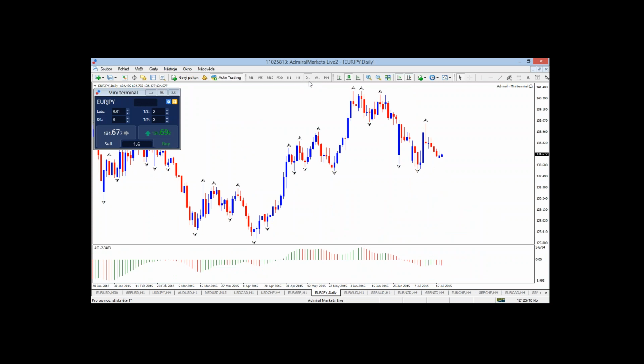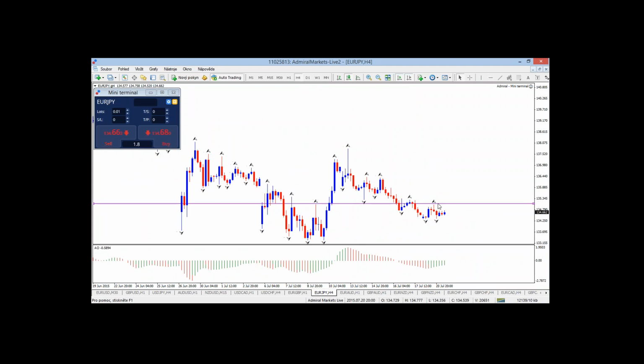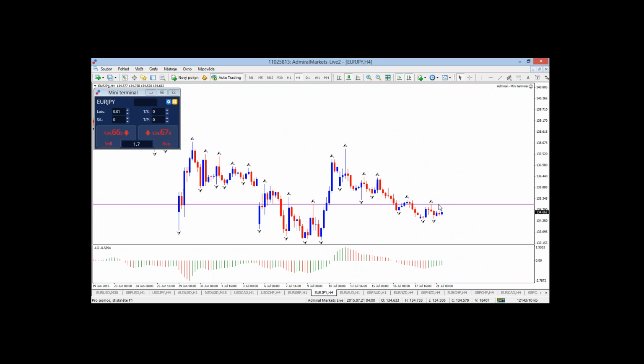Well, not that interesting. But if it does push through this 4-hour fractal, it could be breaking kind of this channel to the downside. And it had a good momentum here, and it also clearly has a bottom still intact.